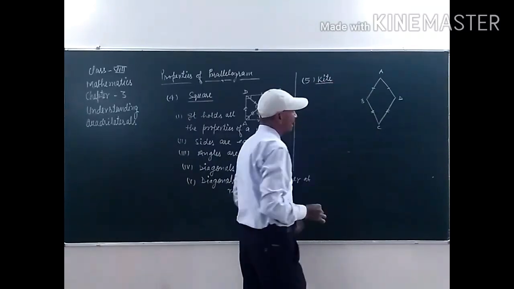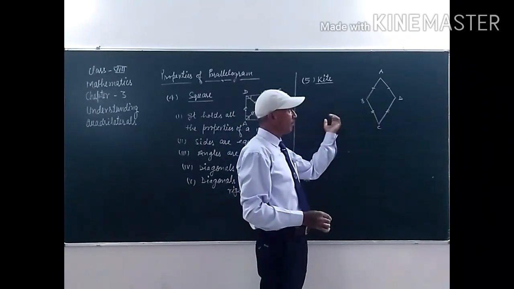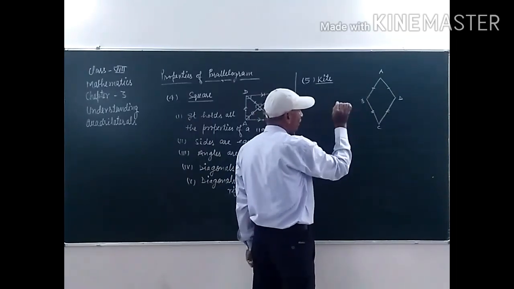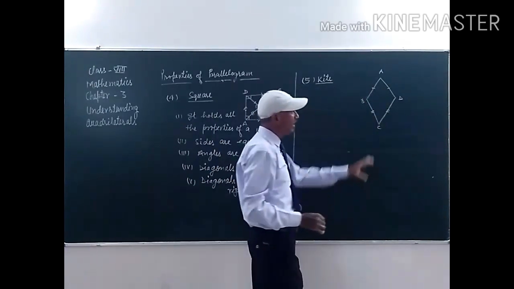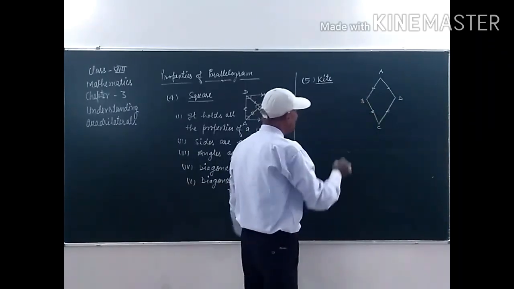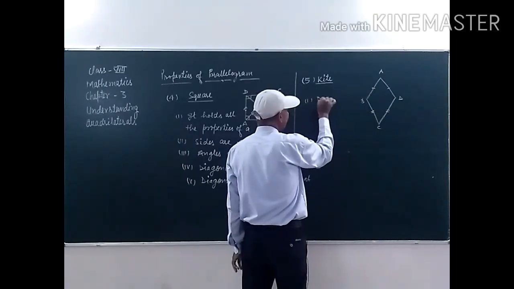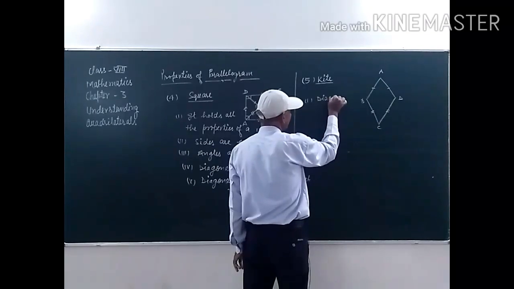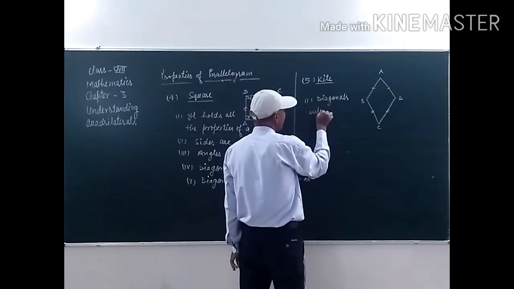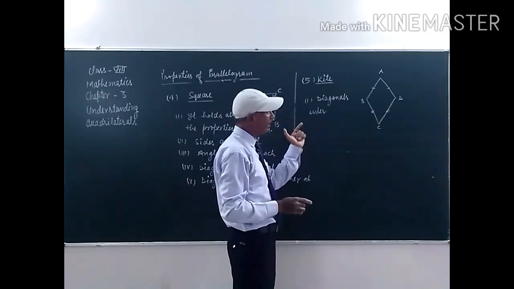Now, properties of kite, student. Definition of kite you know from the first part of this video, and now we have to find the properties of this kite. Student, kite is not a parallelogram, it is a quadrilateral, and the first property is that diagonals intersect each other at right angle. Students, remember this, bisect and intersect are two different words.